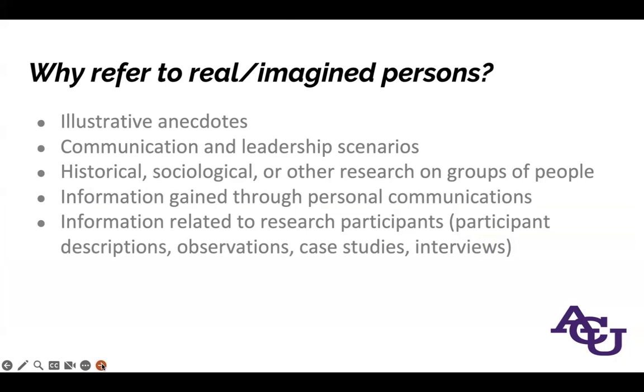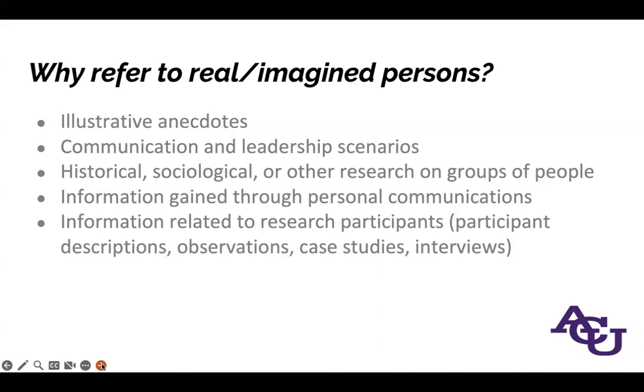There are several reasons for referring to real or imagined persons in a piece of writing. For example, you may need to include illustrative anecdotes. You might need to provide communication and leadership scenarios. You may be discussing historical, sociological, and other research on groups of people.